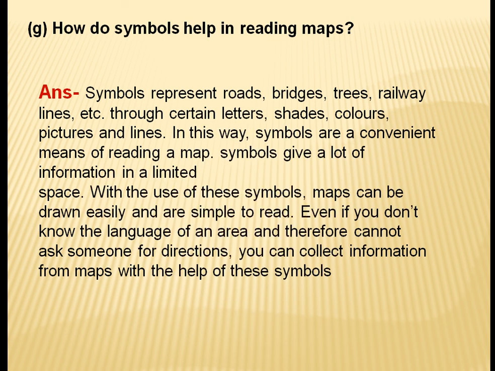Symbols represent road, bridge, trees, railway line, etc. and they are very helpful when we are reading map. In this way, the symbols are a convenient means of reading a map. Symbols give a lot of information in a limited space, right?